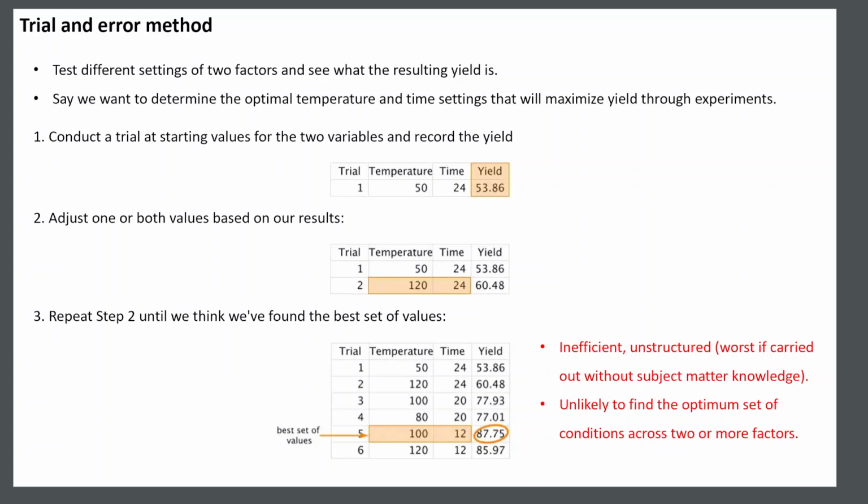For example, if we have more factors, then there is no structure to carry out the experiment. We will be arbitrarily changing things, and we will be doing an unnecessary lot of experiments, and we will end up using a lot of resources as well as time. So this was the earlier method which people were using.